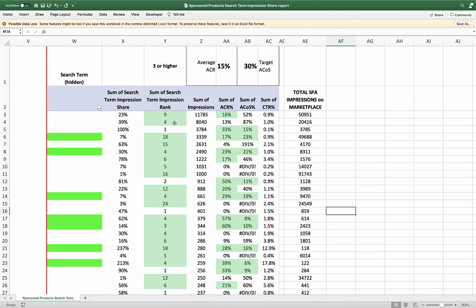Now you see on some of these, there are some really high numbers as far as rank goes, which means there's plenty of opportunity to show up higher.